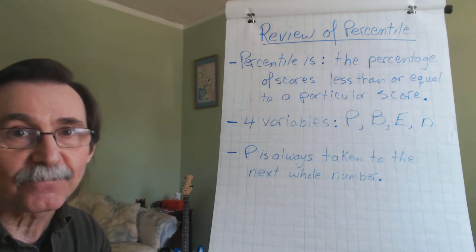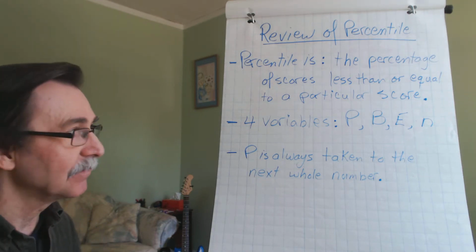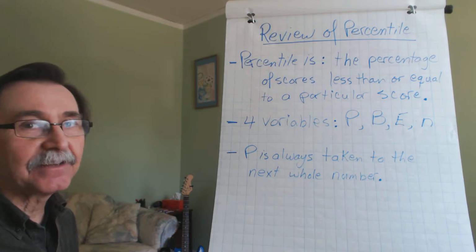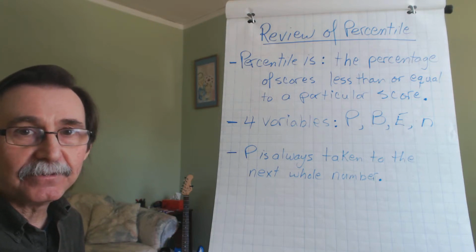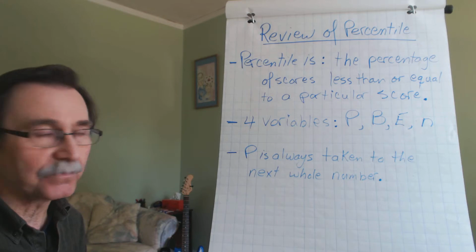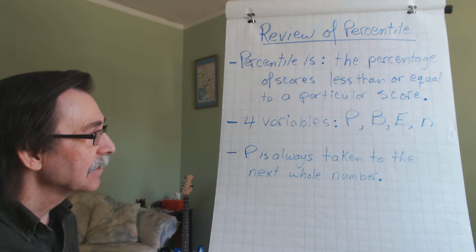That's why you can't just have one example, because that's a mouthful. And then N is the total number of scores. Okay.